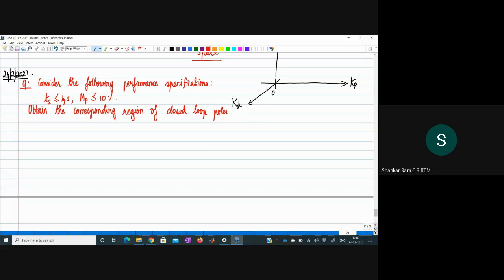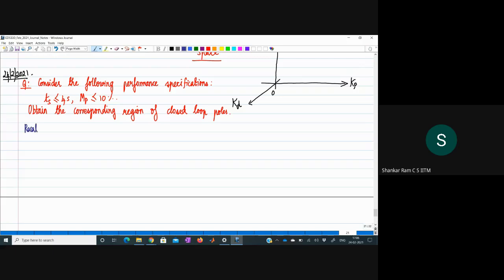So the question, in another sense, can be viewed as: okay, for closed loop stability, we require all poles to be in the left of the complex plane, right? So to ensure closed loop performance, can we say that we require our closed loop poles in a sub-region in the left of the complex plane to meet these given specifications, right? So that's what we want to ask ourselves. So let's see how we do this.